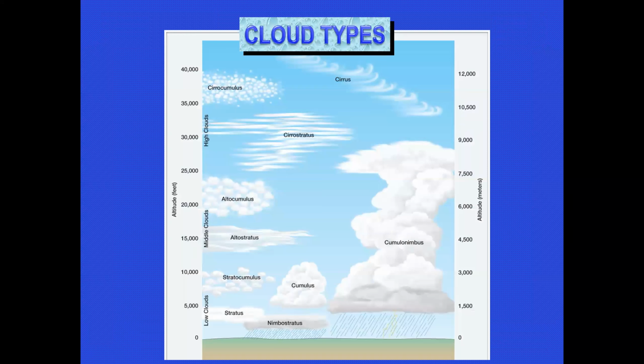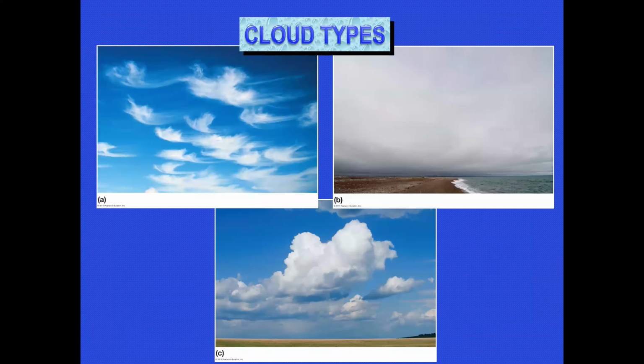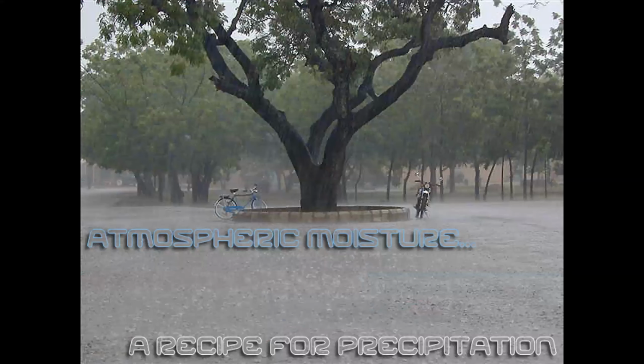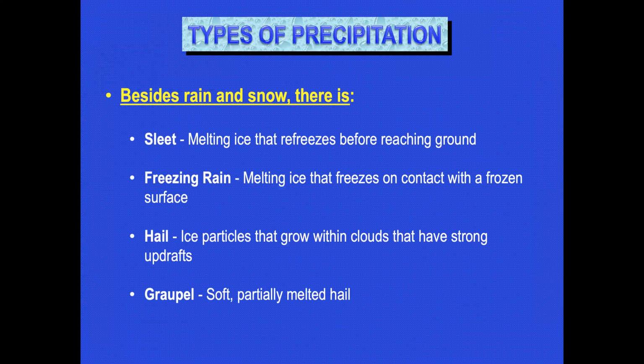And each of these tend to be associated with a type of front. We'll go over that in the next lesson. And as far as atmospheric moisture, besides rain and snow, you tend to have sleets, freezing rain, hail, which is associated with thunderstorms, and graupel, which are like little soft little balls that fall during winter.